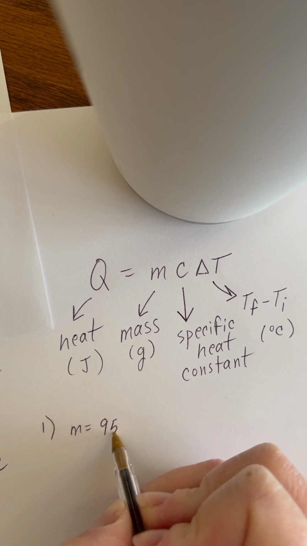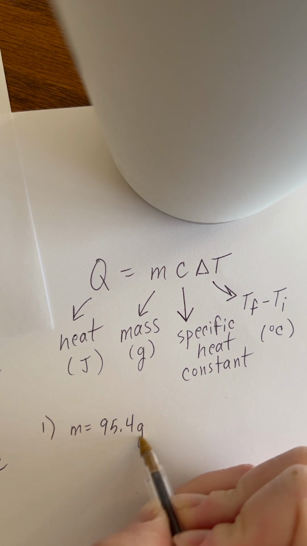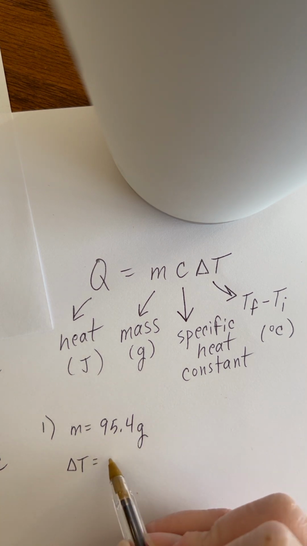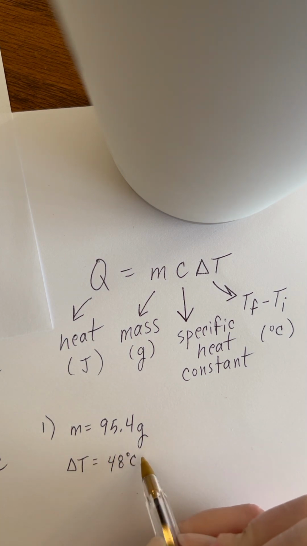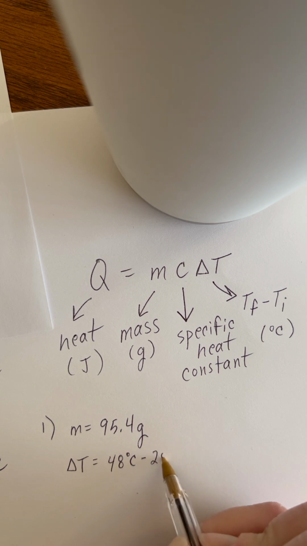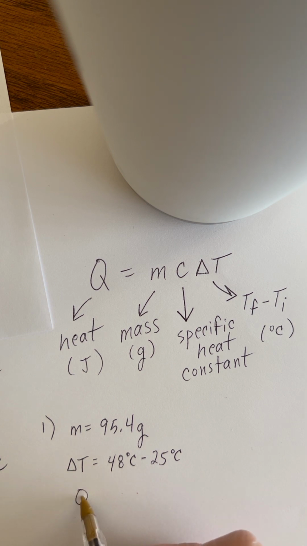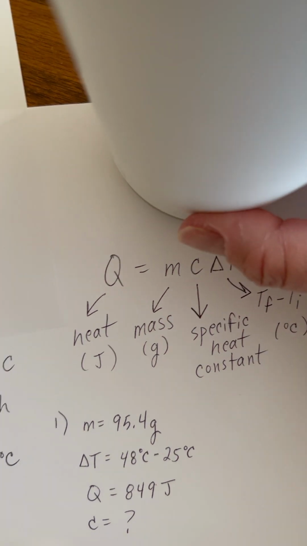They've given me the mass of 95.4 grams. They've given me a temperature change, 48 is final minus the initial of 25. Q, the amount of heat absorbed, which by the way would mean this is an endothermic process, is 849 joules. What they're asking me to solve for is C, the specific heat.